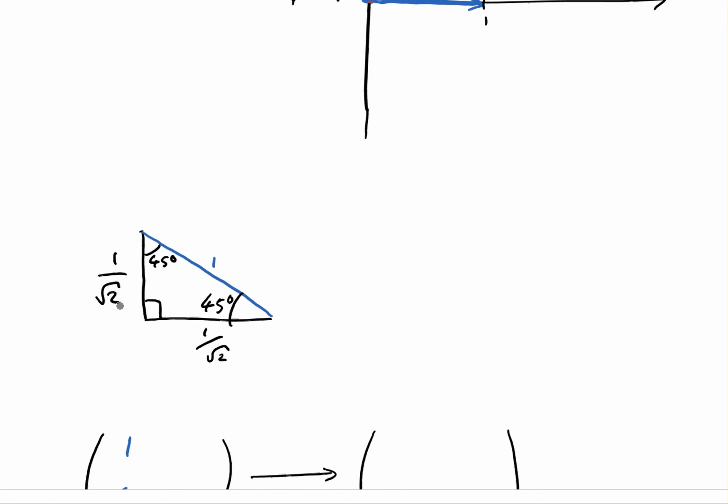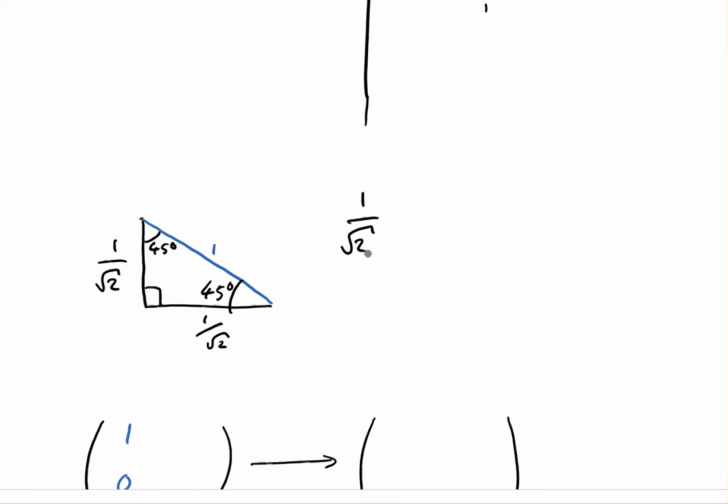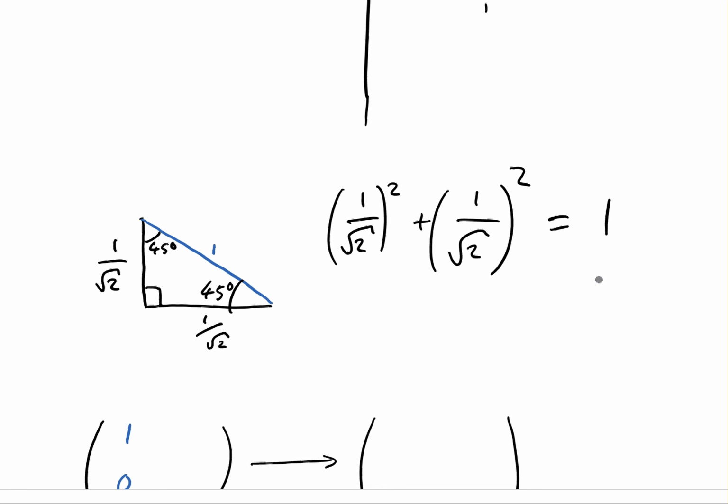And you can verify that by Pythagoras: 1 over root 2 all squared plus 1 over root 2 all squared should equal 1 squared, because this side squared plus this side squared should equal that side squared. Let's verify this: a half plus a half equals 1, which it does.